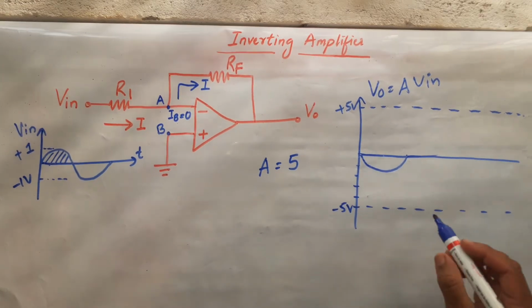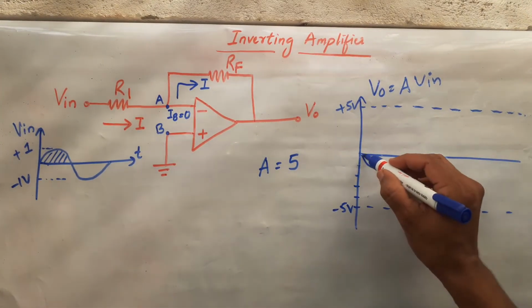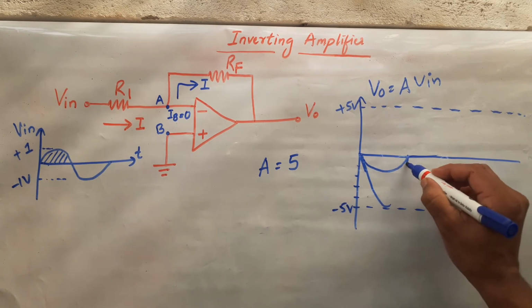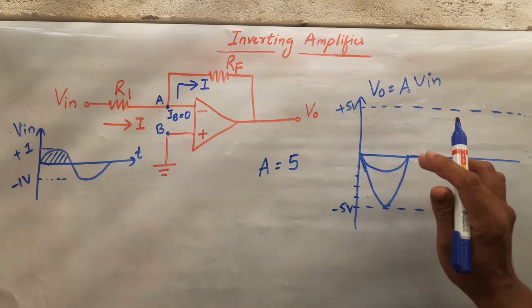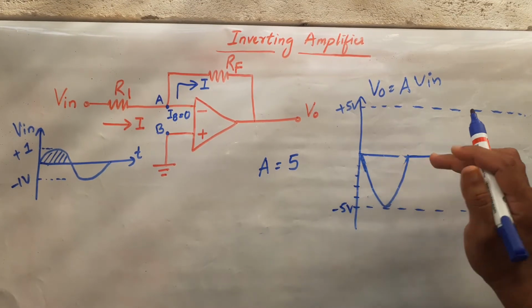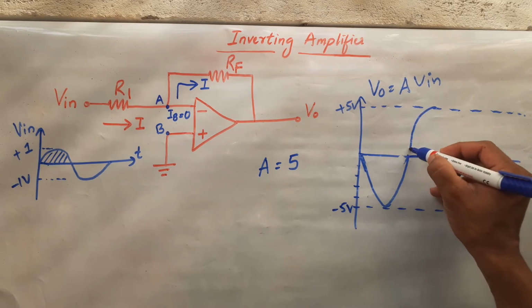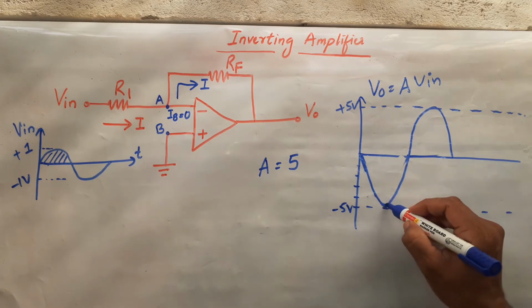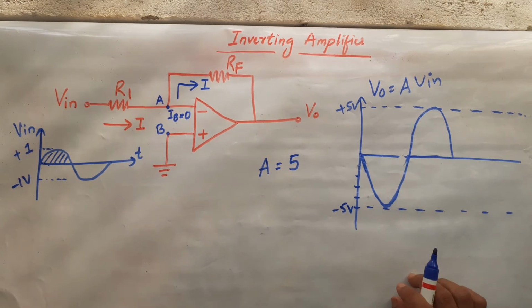So instead of getting like this, you will get an amplified output like this. Understood?